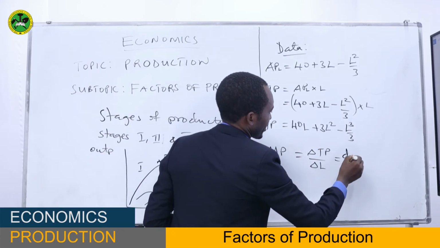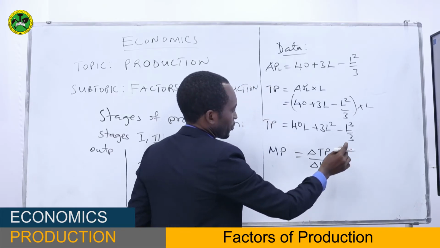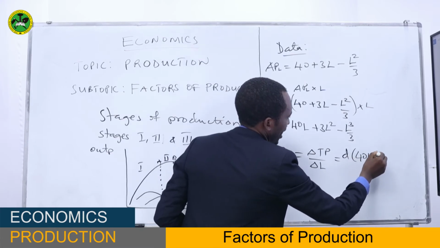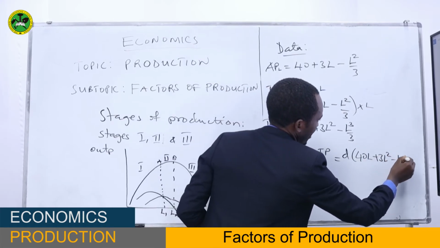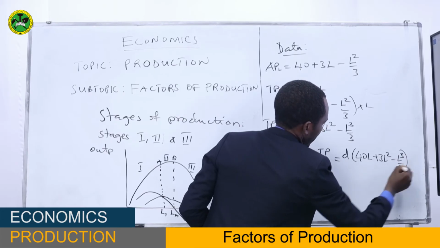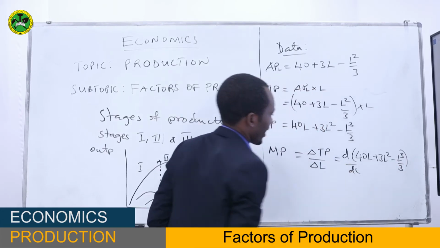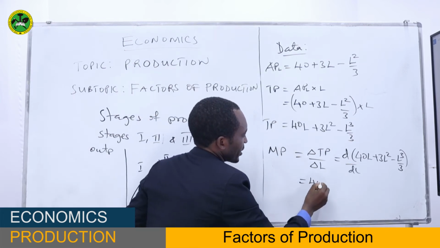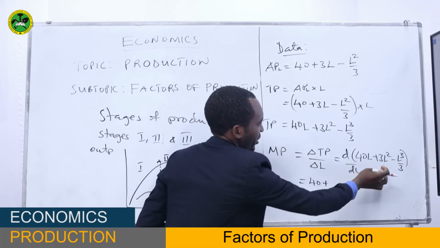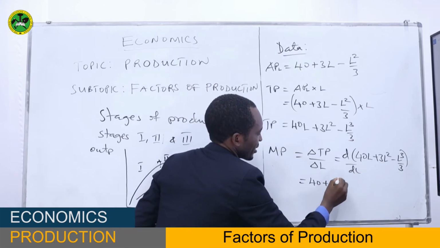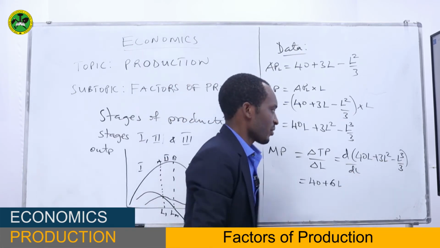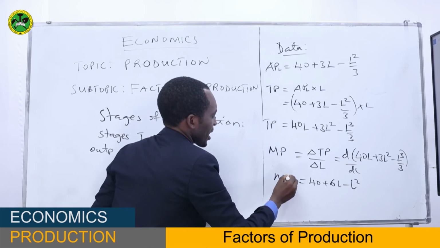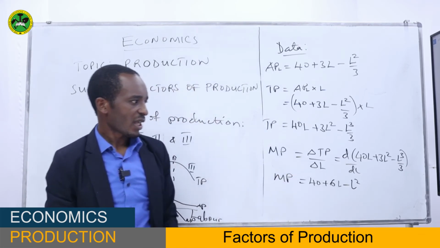So it will be equal to the same as differentiating this function, which is 4L plus 3L square minus L cube over 3, with respect to L. So when you differentiate, this one will be the same as the 4 plus, when you differentiate this one, the same as 6L, and this one will be the same as L square. So the marginal product will be this one.